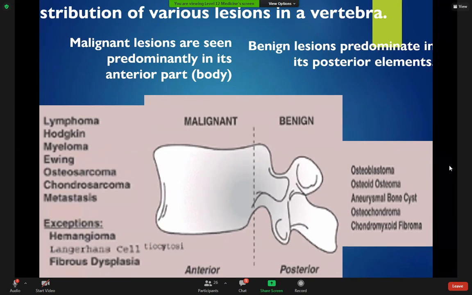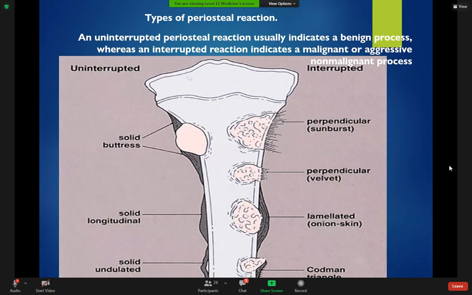Site, again, will help us. In the spine, if the lesion is in the body, anteriorly, most likely it is malignant, or if it is in the posterior part of the spine, in the facet, pedicle, or spinous process, most likely it is benign. Periosteal reaction, there are many types.